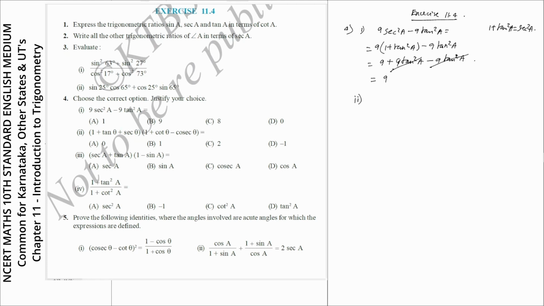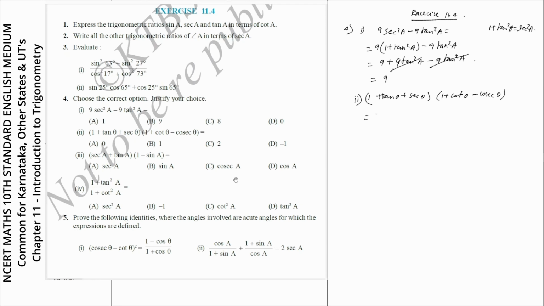So second sub question, 1 plus tan theta plus secant theta into 1 plus cot theta minus cosecant theta. What is the value of this thing? So there are some options, 0, 1, 2 and minus 1.